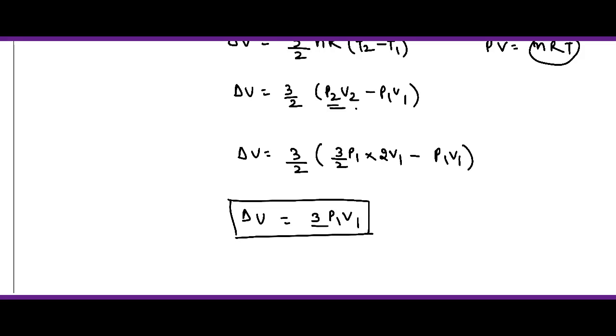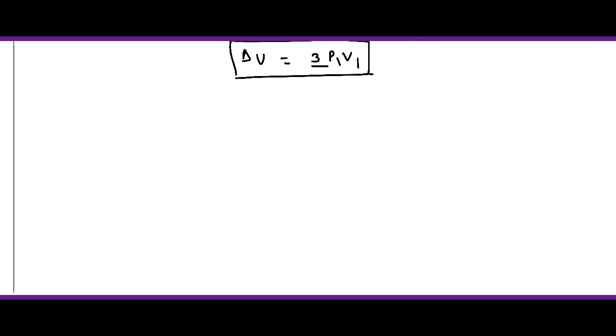Now the energy stored in the spring, suppose it is E, is given by half kx square, where k is the spring constant and x is the displacement. Now we have to derive this energy in terms of pressure and volume.